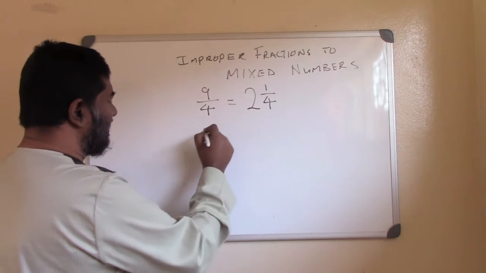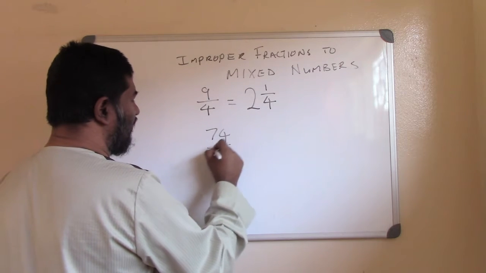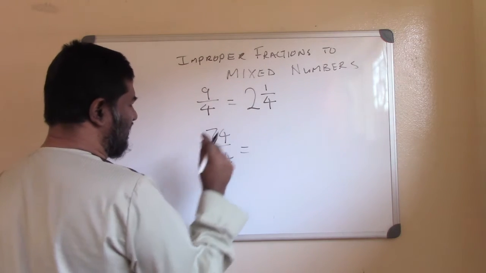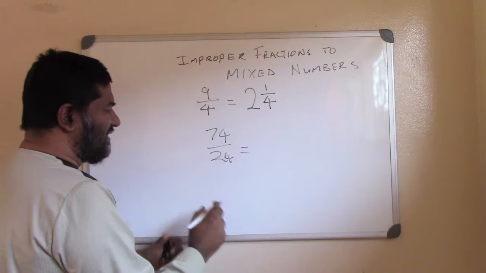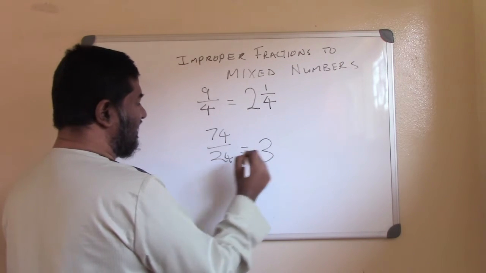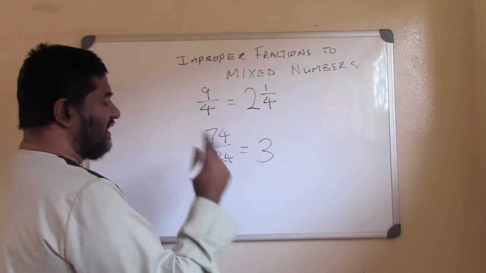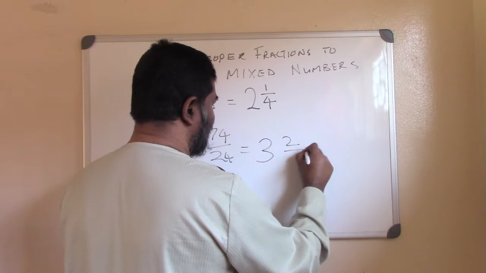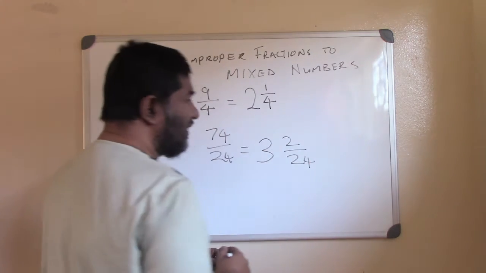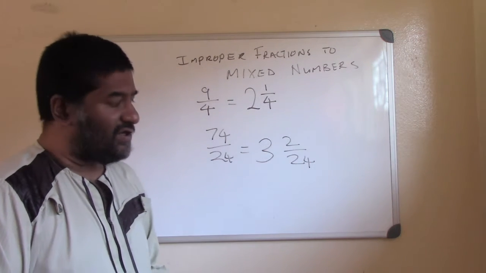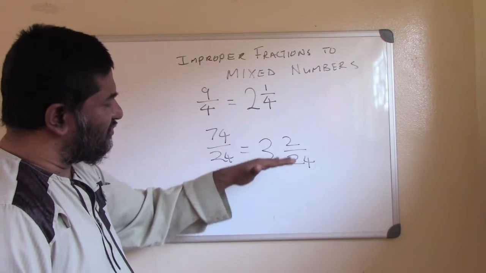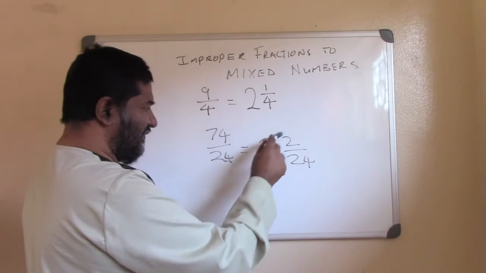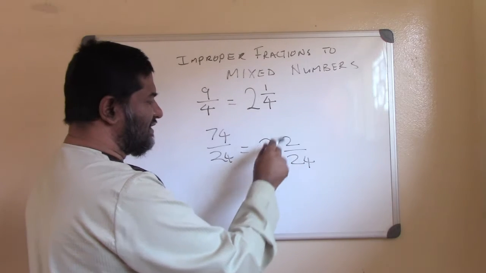Let's take another example, 74 over 24. What I can say: 24 can go into 74 how many times? 3 times. 3 times 24 is 72. Remainder 2 over 24. Now, when we come to fractions, we will have to rewrite this fraction in its simplest form.